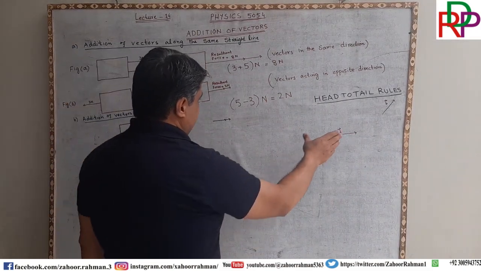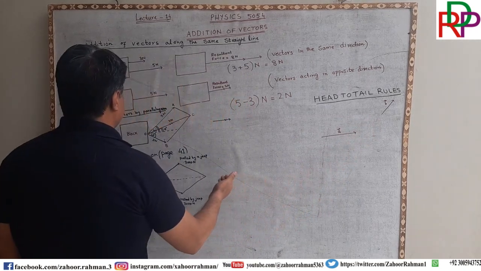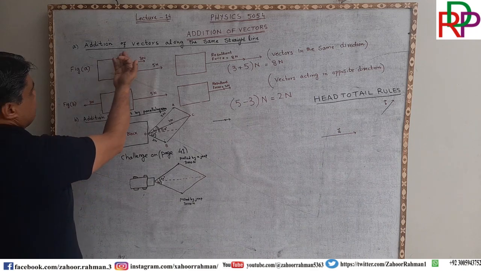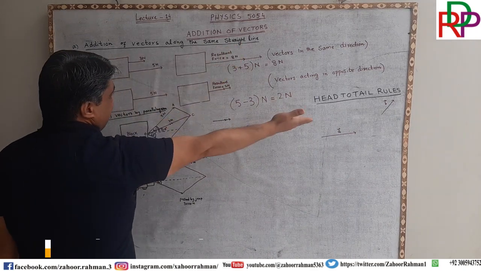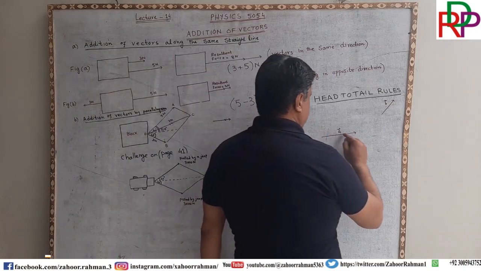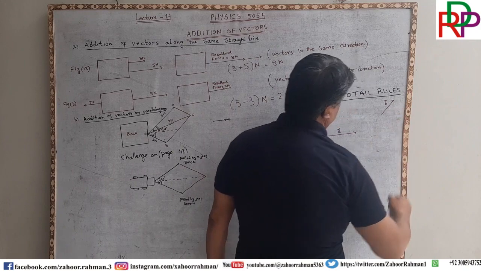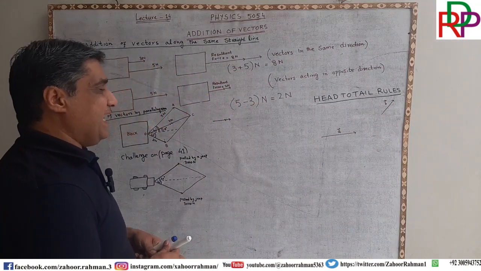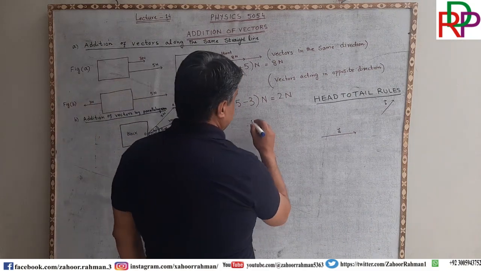Because this is not the same case as it was in the addition of vectors by the straight line. These are not straight lines. The first line is a straight line and the second line is a line which is having an angle.